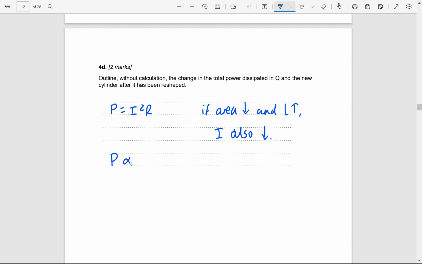So as the power is proportional to I squared, the power also decreases.